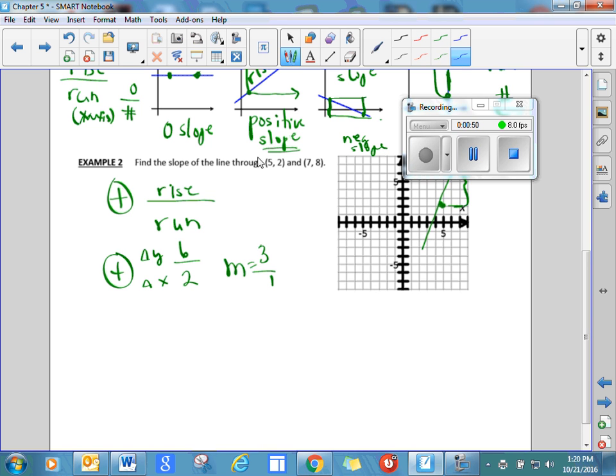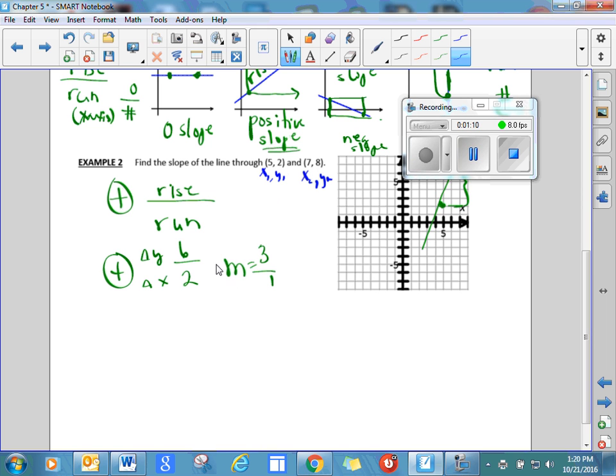For instance, this point right here, we can call x1, y1, meaning it is our first point. And 7, 8 is x sub 2, y sub 2.